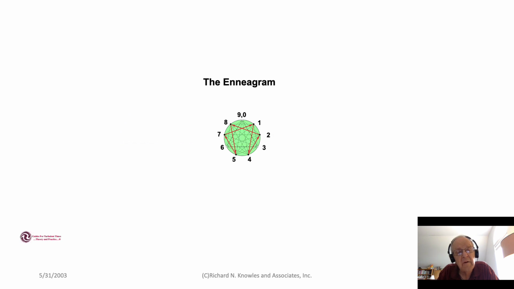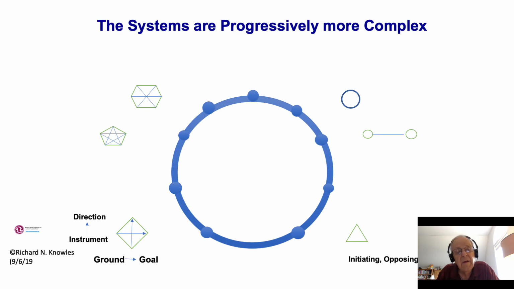So here's the Enneagram again. This is what we started with. Couldn't understand the figure, and we're trying to figure it out. And then we began to realize that maybe if we put Bennett's systems around the Enneagram, we could discover something new and useful. So here's the circle for the Enneagram, and here are the figures that are shown around it.